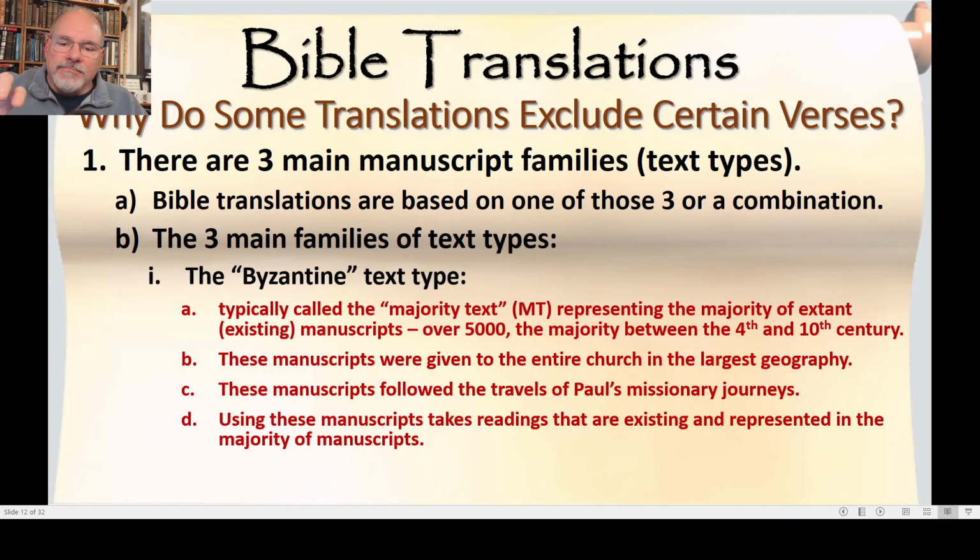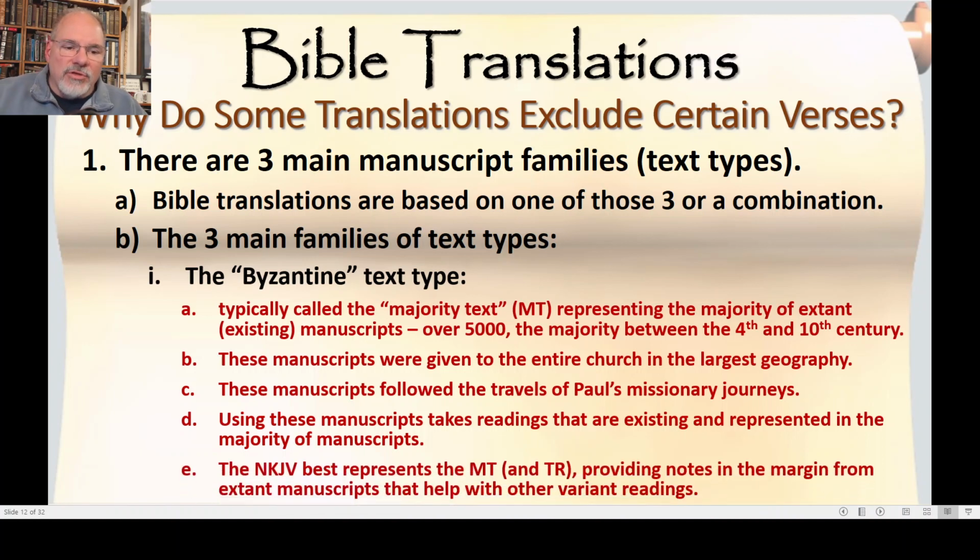But the variances are not changing the meaning. They're just getting exactly the words and the grammatical structure as it's written in the majority of manuscripts. That's what they're taking. And if there isn't a majority for some reason, we'll get into the other criteria that they select from. Now, the New King James best represents the majority text and the Textus Receptus.